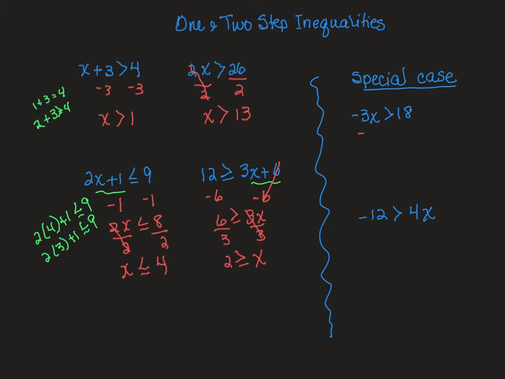So I'm dividing both sides by negative 3, because negative 3 divided by negative 3 is 1. The answer to this problem is x is less than negative 6. Notice that I've flipped the sign. Even if it's equal to, it's the same thing. The equal to stays. But the greater than turns into a less than.